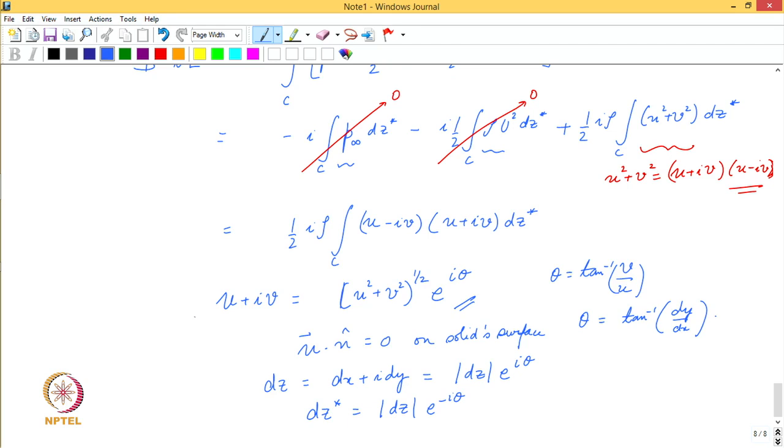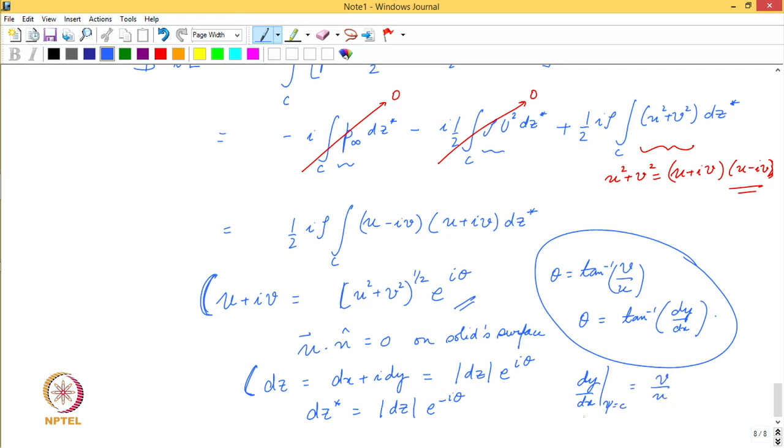So, the velocity function, which is u plus iv, must be parallel to the element along the complex surface. These two angles must be in the same direction, noting that the surface is a streamline, and for a streamline we always say that dy dx, along psi equal to constant, is given as the ratio of v by u.